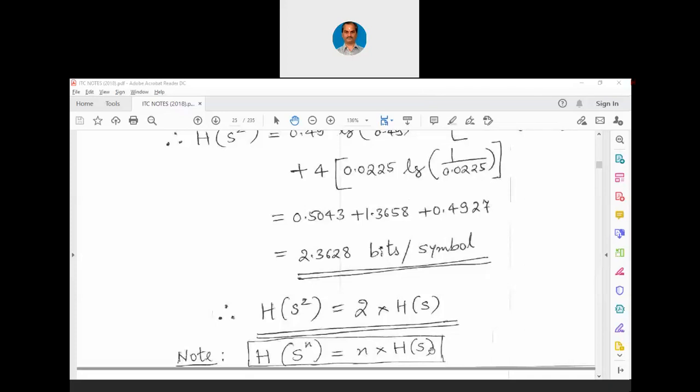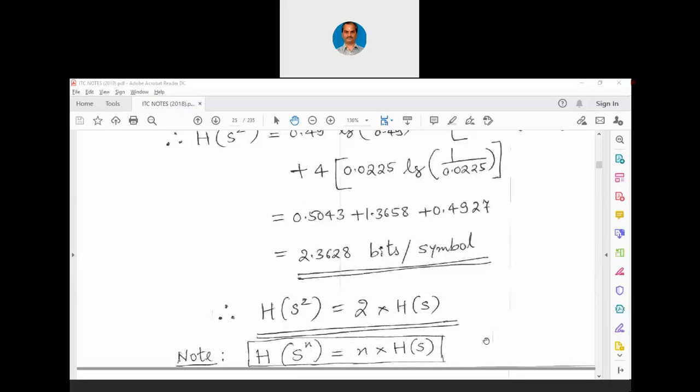Which means if we combine two symbols together and use that two-symbol extension to transmit information, the information also becomes double. Same way, it depends on how many symbols we use together, that many times the information gets increased.